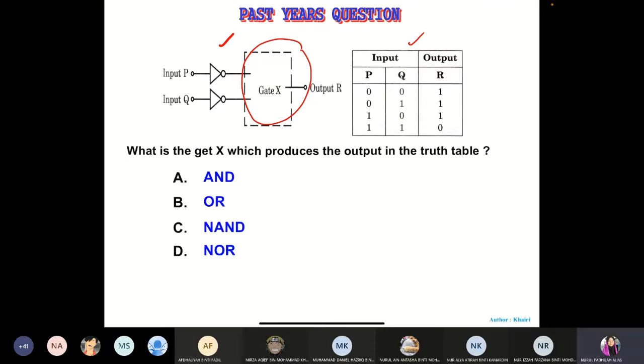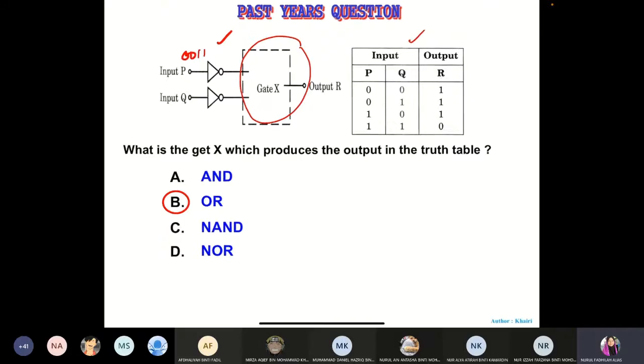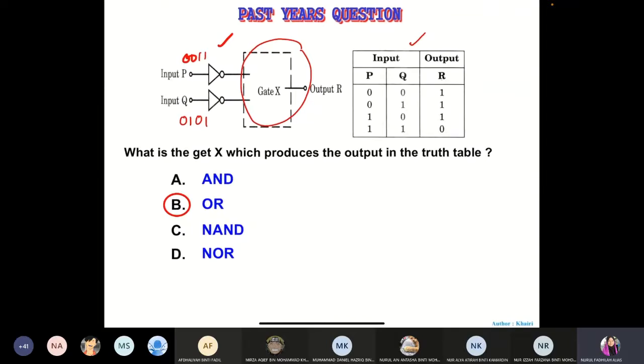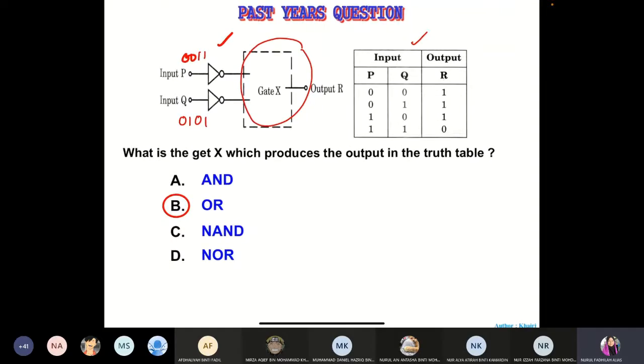So, the answer is B. Okay. Now, let's see why B. Look, the given input is 0, 0, 1, 1. And then Q is 0, 1, 0, 1. Next, you must first find what happened after that. 0 becomes 1, 1, 0, 0. Here, 0. 1, 0, 1, 0.